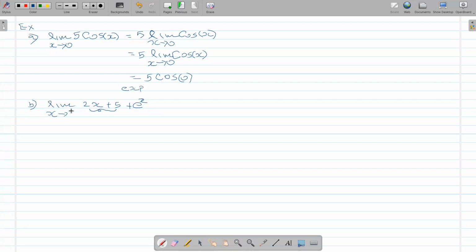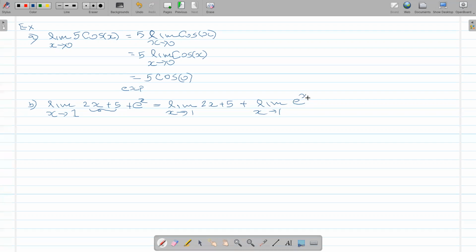Let's say x going to 1. So first I break it down to 2 pieces. Limit x going to 1 of this polynomial function, plus limit x going to 1 of the exponential function.